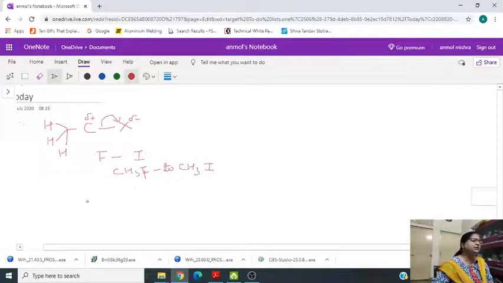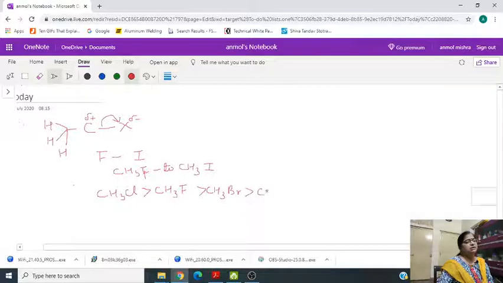If we consider the dipole moment, CH3Cl is highest, then CH3F, then CH3Br, then CH3I.